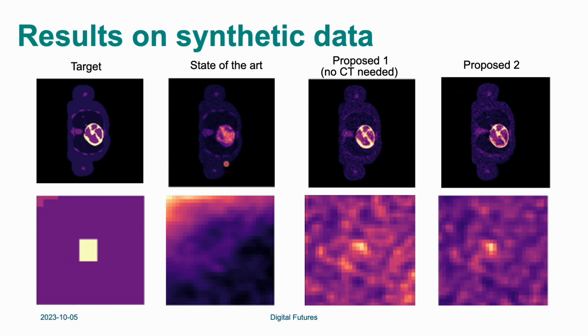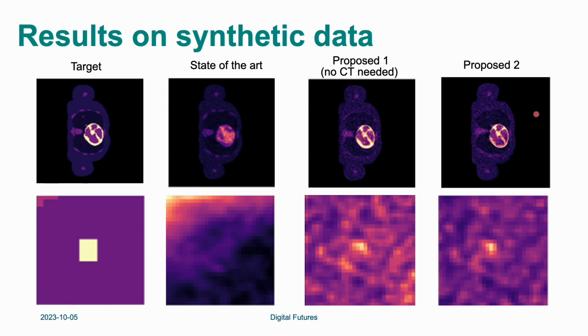In the second column, you see the state-of-the-art reconstructions, what you have in the clinics. And as you can probably see, it's not easy to distinguish any lesion, and not even in the blow-up does the lesion show up.